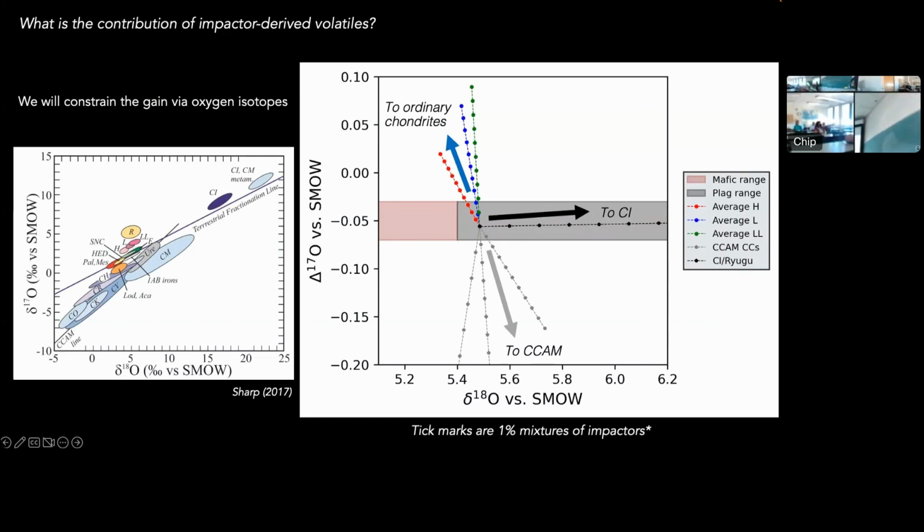But look at what the COs are on the diagram to the left. Absolutely, that's a fair criticism. So you should either refer to specific meteorites, or just labeling it CCAM is not really correct for what you plot on your diagram. How about carbonaceous? That's more fair. That's CCAM.